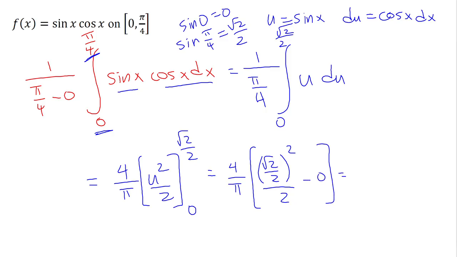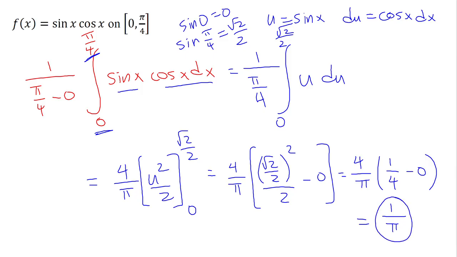Root 2 over 2 squared is 2 over 4, which is 1/2. And 1/2 of 1/2 is 1 over 4. So we have 4 over pi times 1 over 4 minus 0 still. That just ends up being 1 over pi.